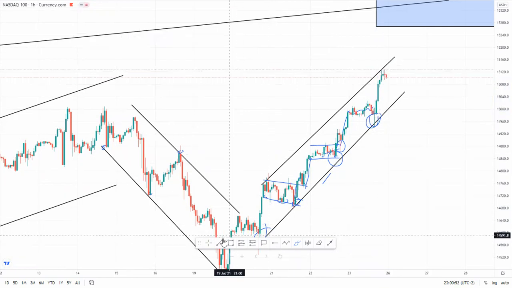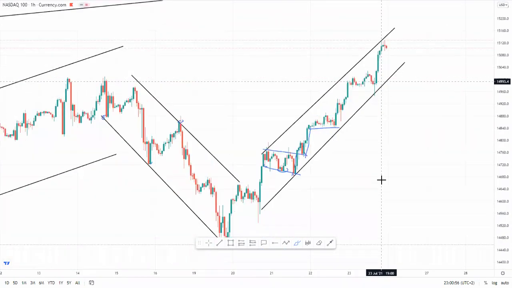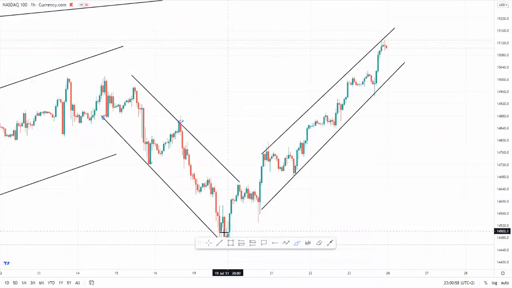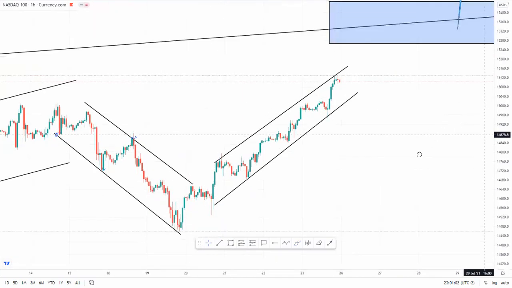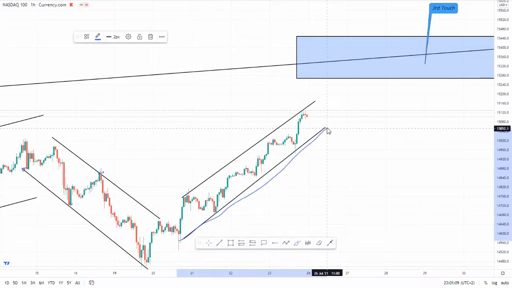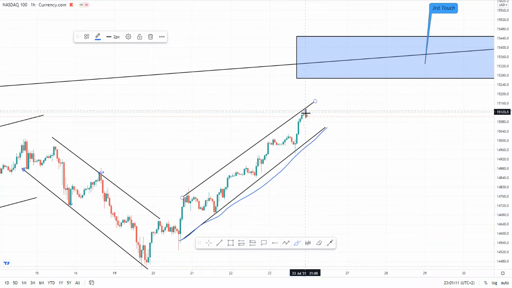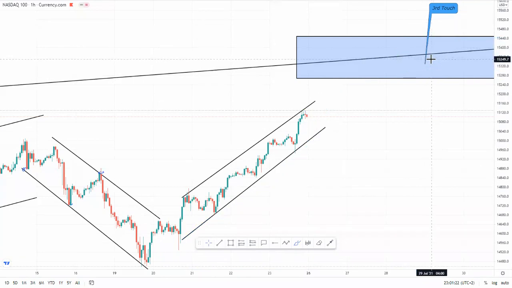Hence, I believe that since the market has been reversing at this trend line, I'm expecting the market to come back down here, give us another fifth touch before making a push to the upside to come test this area, to give us an overall third touch on the weekly time frame.